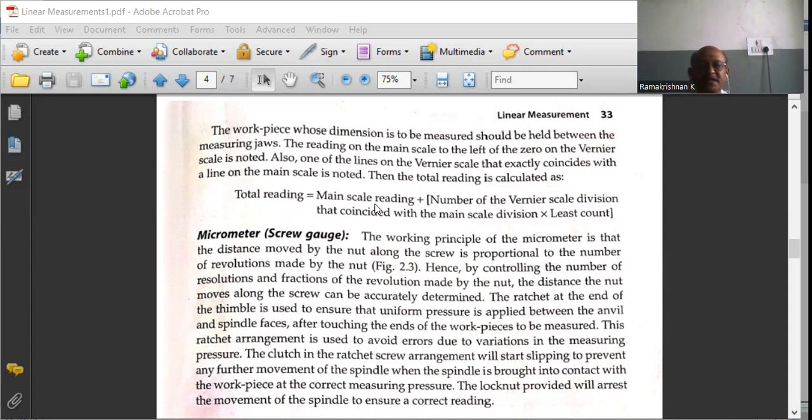So the total reading is the main scale reading plus, within the bracket, the number of Vernier scale divisions coinciding with the main scale, multiplied by the least count. That is the actual value observed.